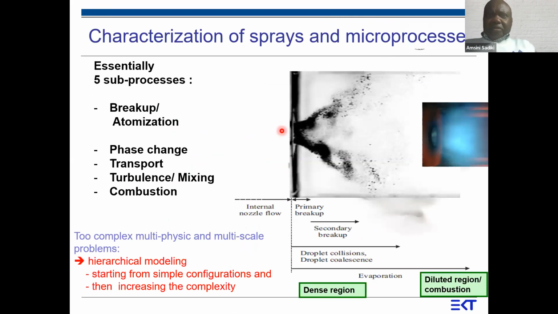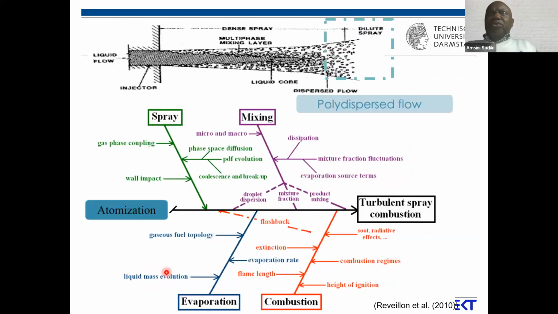This means, because we are adopting here the hierarchical modeling, we have to decompose the different processes. Here, this part is the dense flow region, and this is the dispersed flow region.